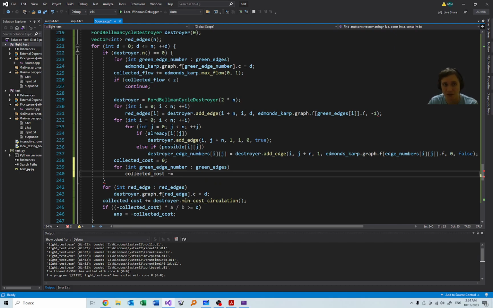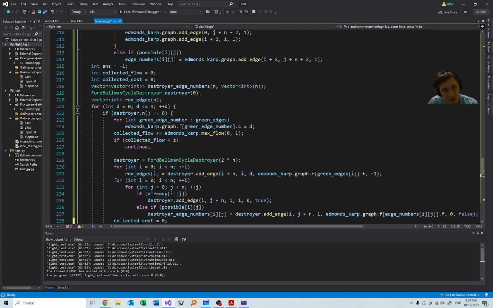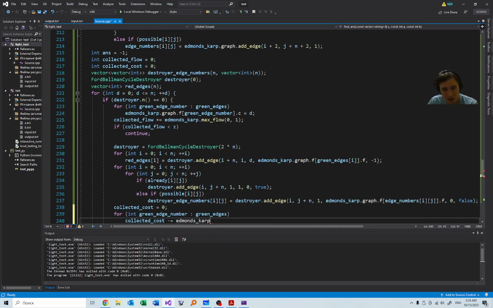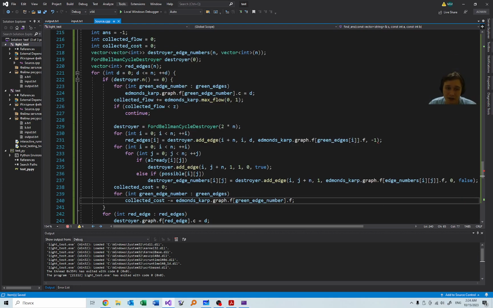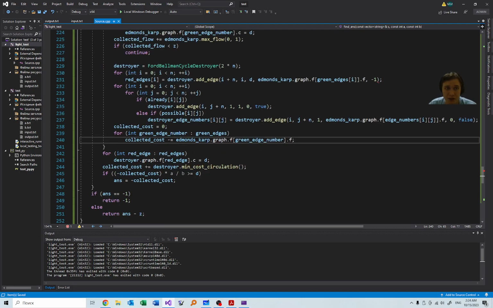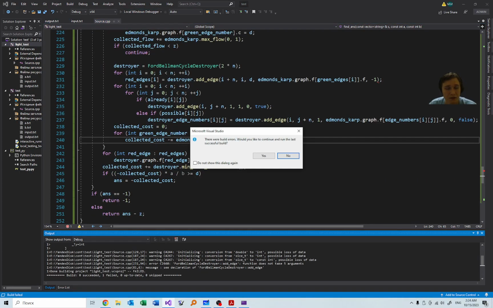So this is, as we like a lot, EdmondsKarp.graph[green edge number].flow. Okay, great.